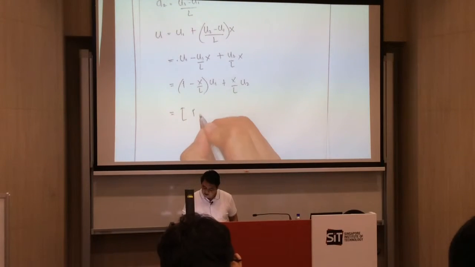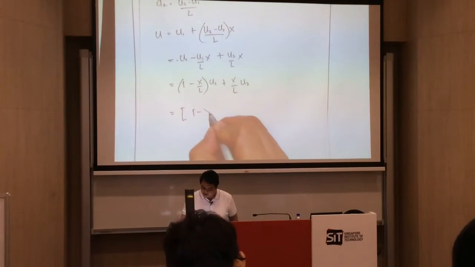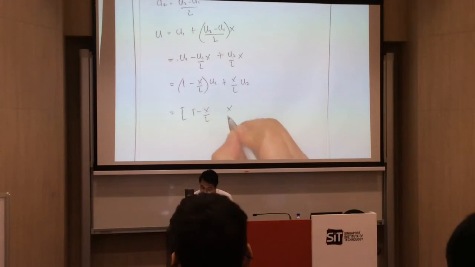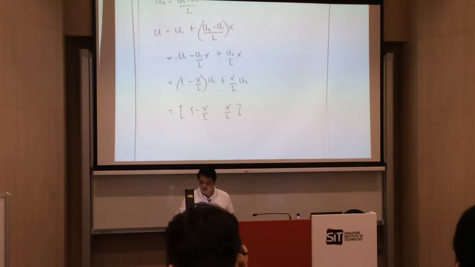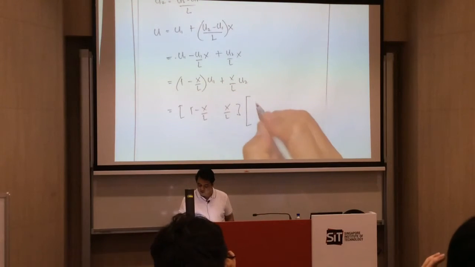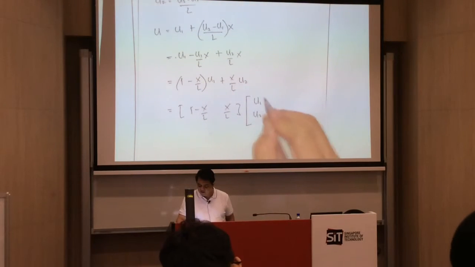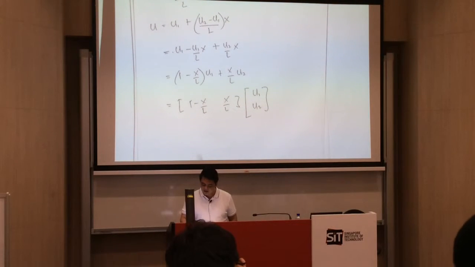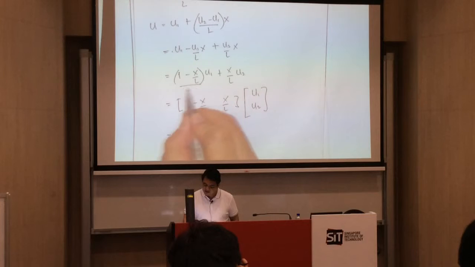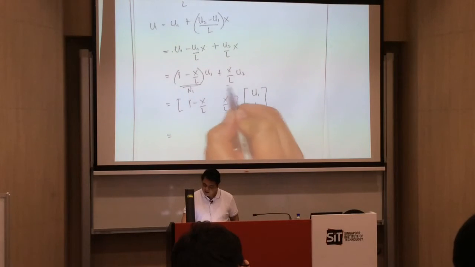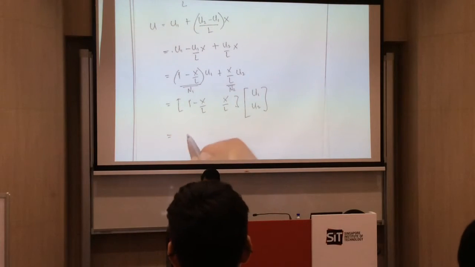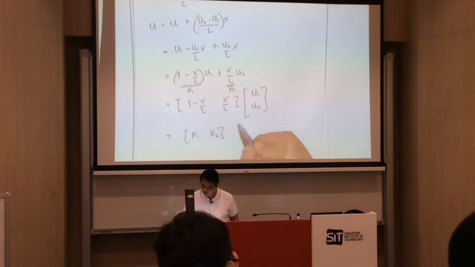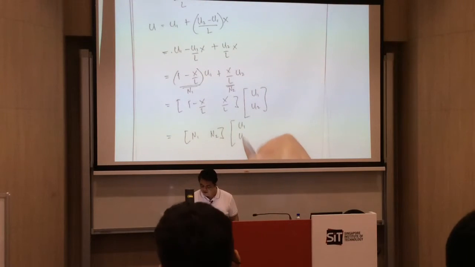So you have 1 minus x all over L, and then you have here x all over L. That's your matrix, and then you have u1, u2. Or you can have this one, say for example, this will be N1, and this will be N2, times u1, u2.